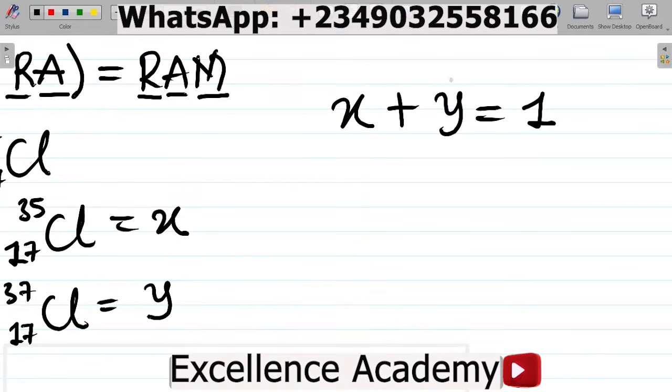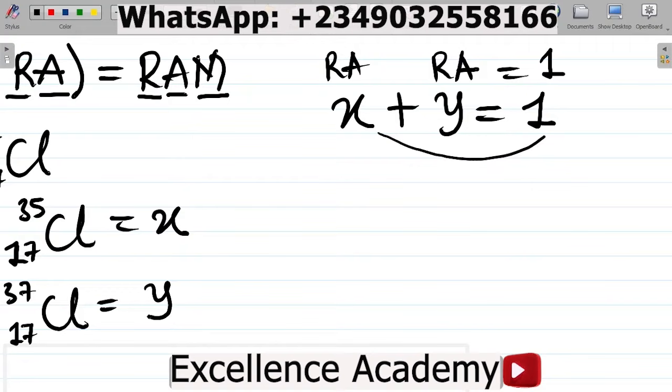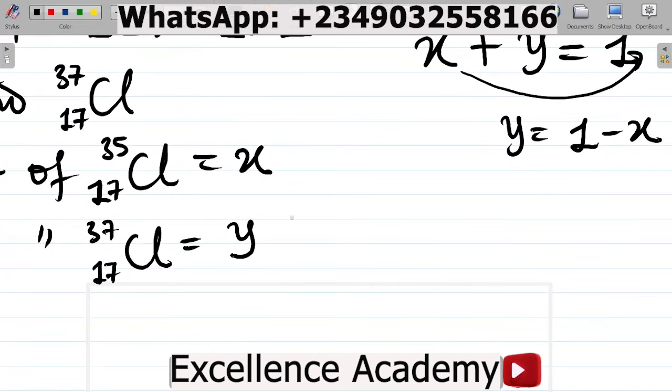With this, we can find the value of Y. If I'm having an element with different isotopes, the sum of their relative abundance should be equal to 1. Please take note. To get the value of Y, I'll move X over here, so Y will be equal to 1 minus X.